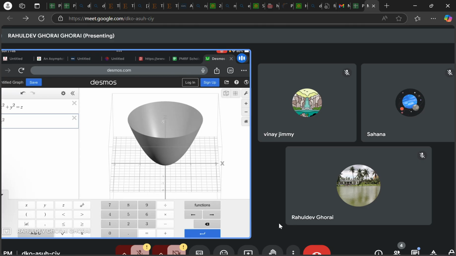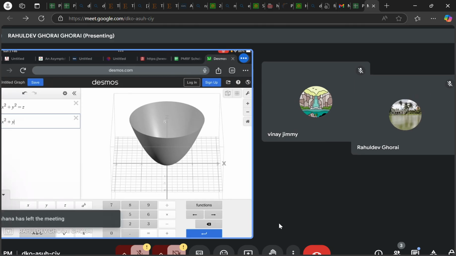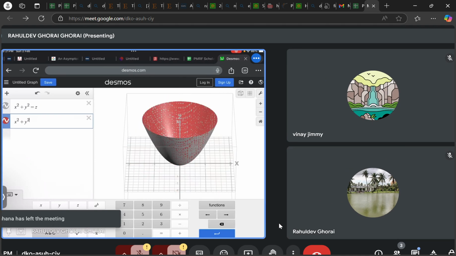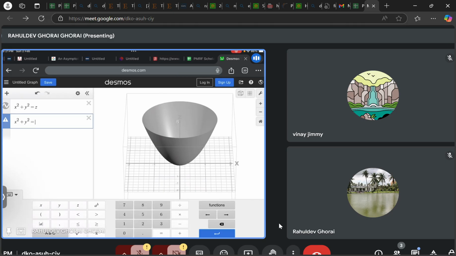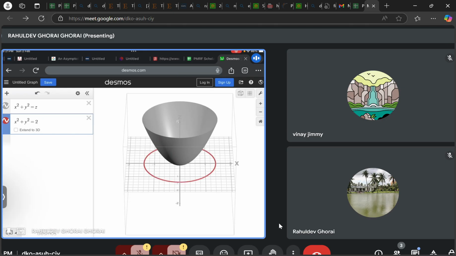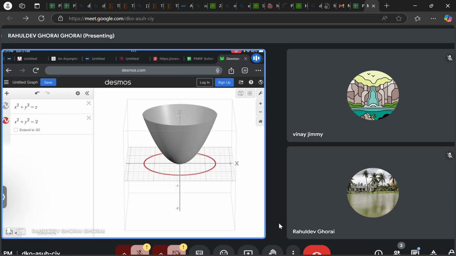The projection on the z equal to 0 plane, if it is up to 2, then this is your projection.